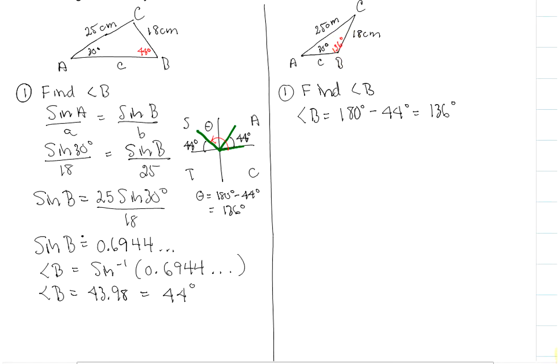Okay, so the next thing that I want to find is angle C. All right, it's an easy one to do. And I really can't find side C anyway unless I have angle C. So I'm going to start with that.